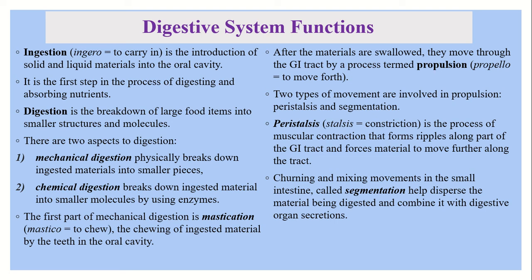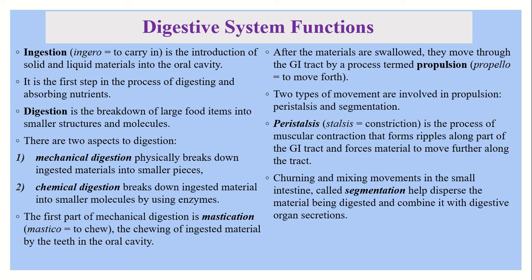The digestion is the breakdown of large food items into smaller structures and molecules. There are two aspects to digestion. First, the mechanical digestion, that physically breaks down ingested material into smaller pieces, and chemical digestion breaks down ingested material into smaller molecules by using enzymes.